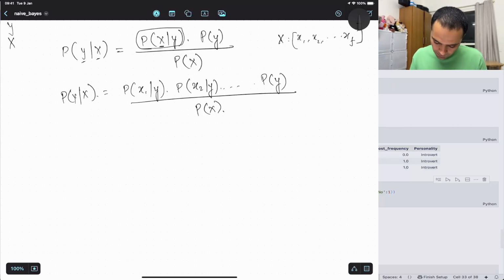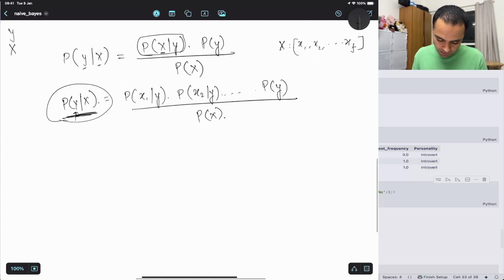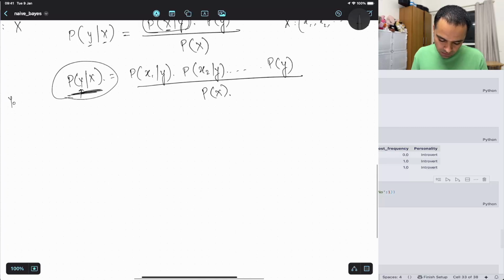Now, if we have this probability of a class given X, and there are two classes in Y, we'll calculate this value for those two different classes. Let's say Y0 and Y1 are two different classes.